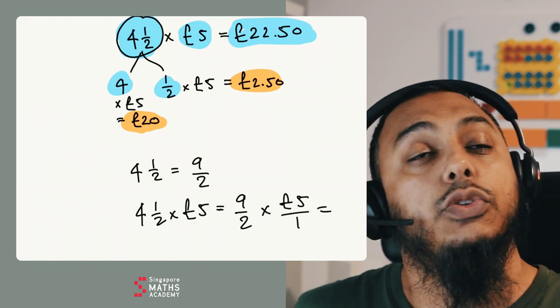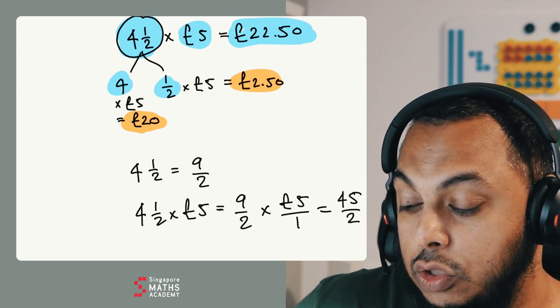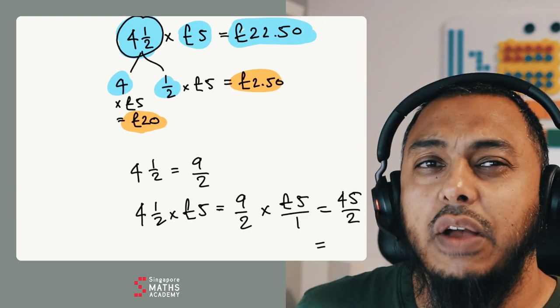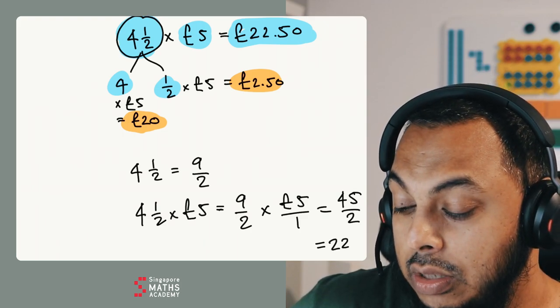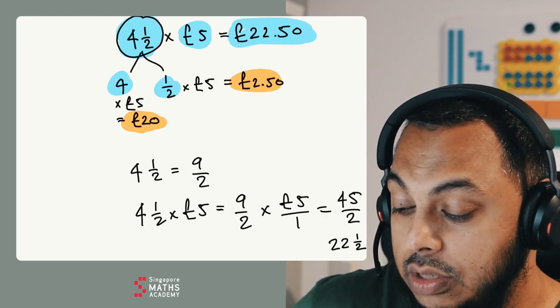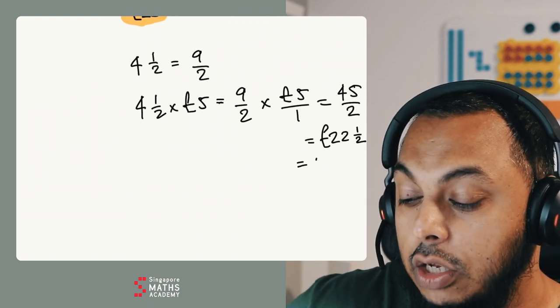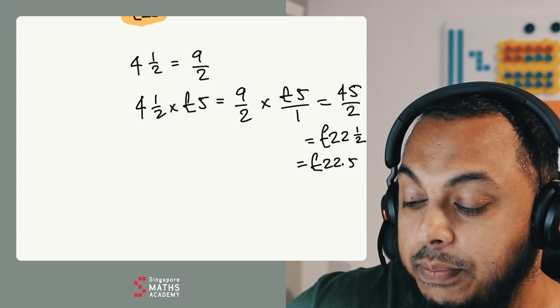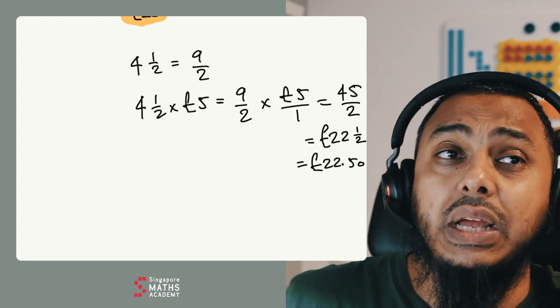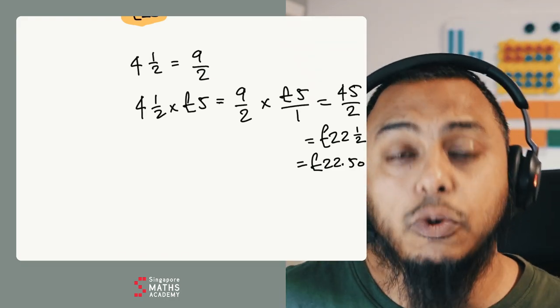So I could do it this way. 9 times 5 is 45. 2 times 1 is 2. 45 over 2. 45 over 2 is 22 and a half, right? And because this is in pounds, it's 22.5 pounds, which we write down as £22.50. So that's method 1, right? Even though we've got 2 different ways we can multiply 4.5 by 5, it's still my method 1.